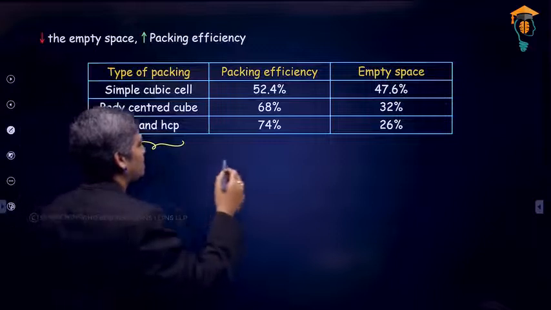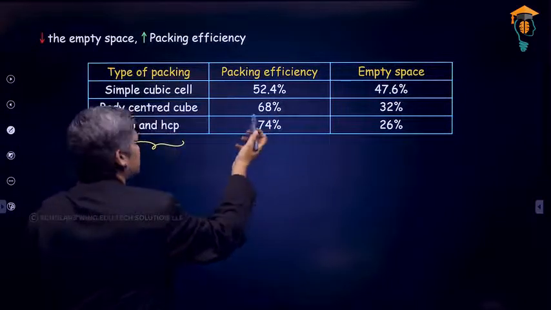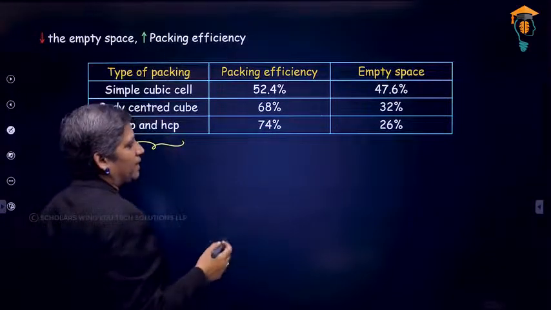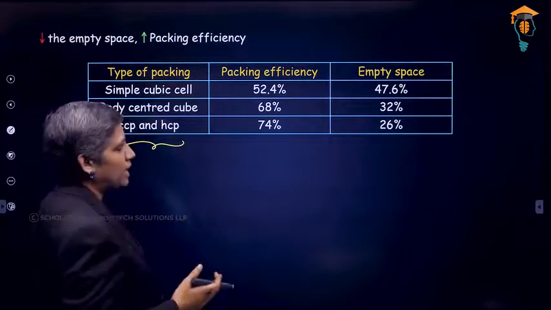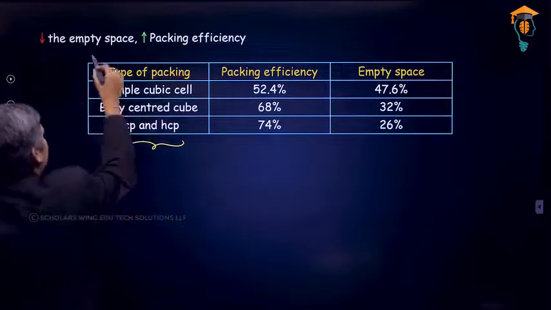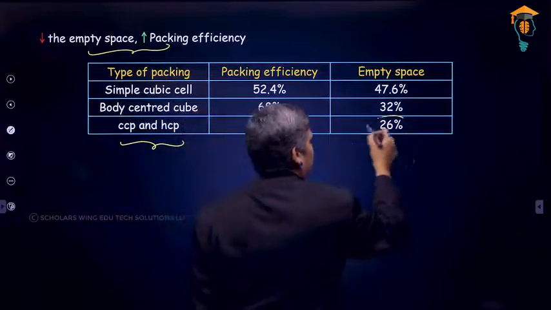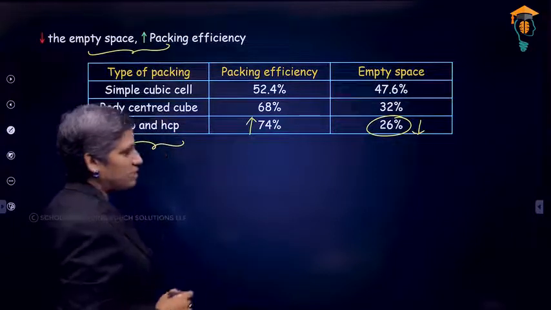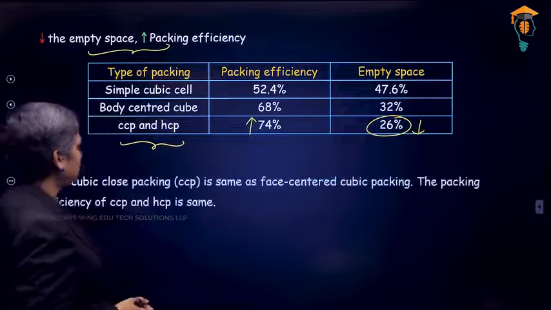We got 52.4% in simple, 68% in BCC, and 74% in FCC. Subtracting these from 100, we got the corresponding empty space in percentage. So lesser the empty space, higher the packing efficiency, and higher the packing efficiency, more stable is that lattice.